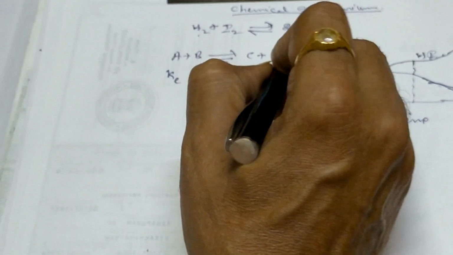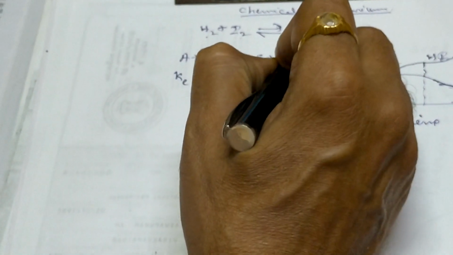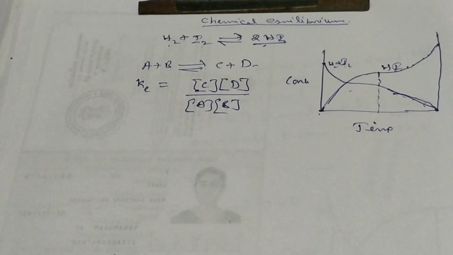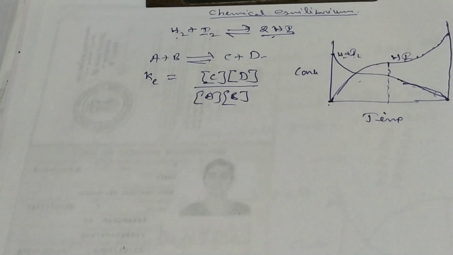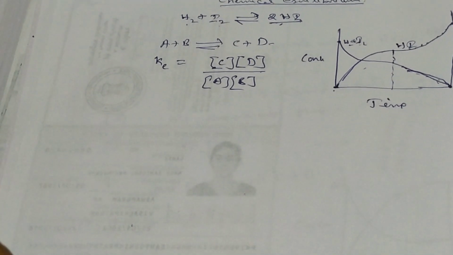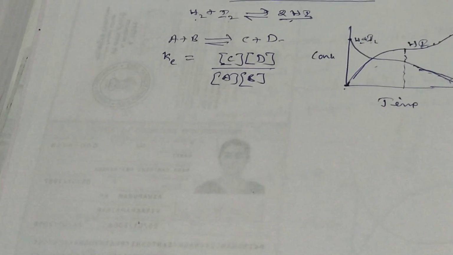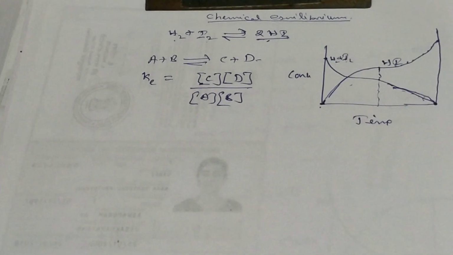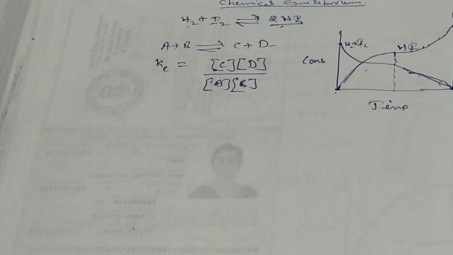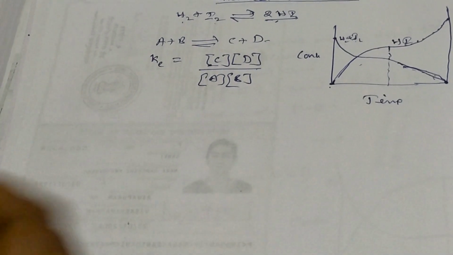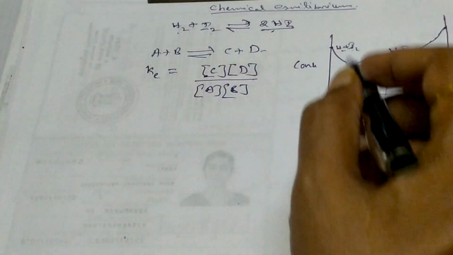Suppose if you take 1 mole of hydrogen and 1 mole of iodine, 2 moles of hydrogen iodide will probably form. One small experiment will be taken, in 6 beakers, 1, 2, 3, 4, 5, 6, with different concentrations of hydrogen and iodine, and hydrogen iodide formation, and they follow the same pattern as shown in the diagram.